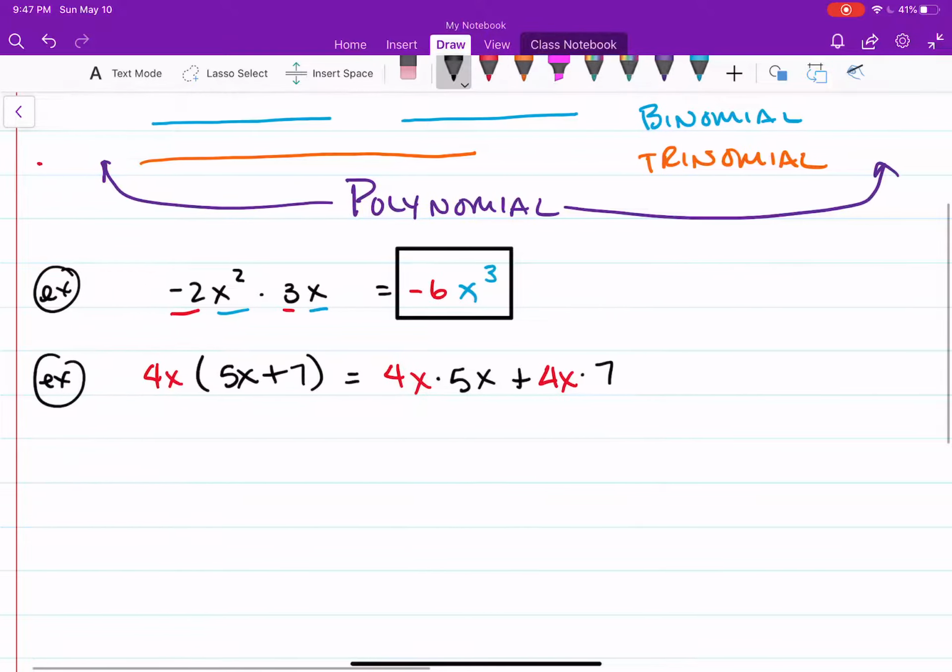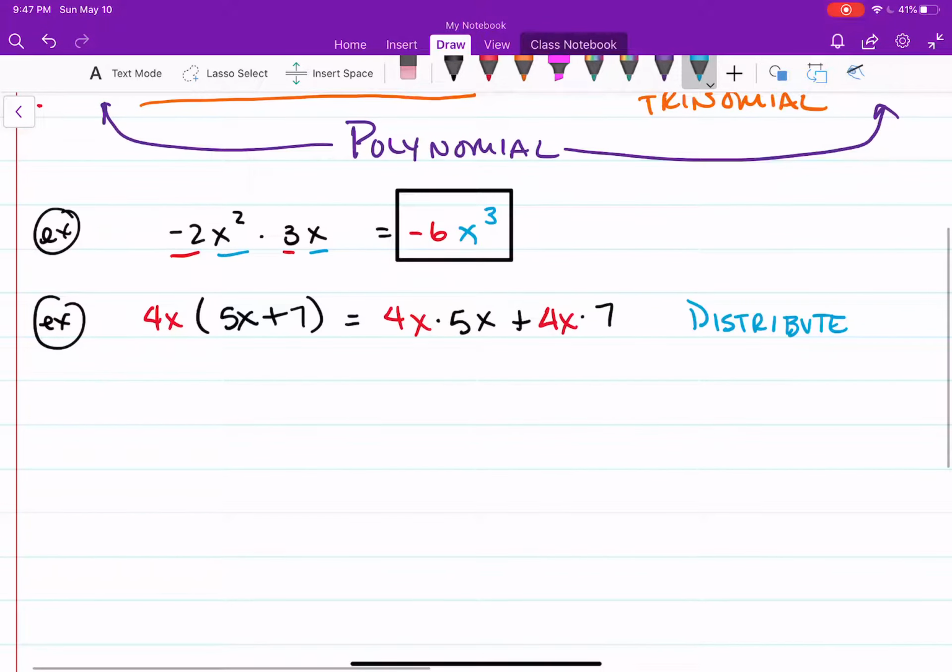So yes, this is called distributing. With that being said, my answer is going to be 20x squared plus 28x. Because I multiply the numbers together, x times x gives me x squared. Then 4 times 7 is 28, and I have the x left. So that would be my answer.